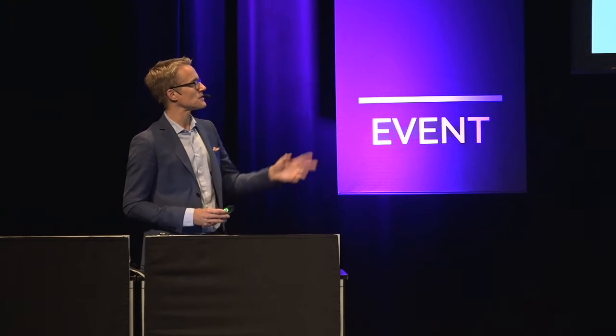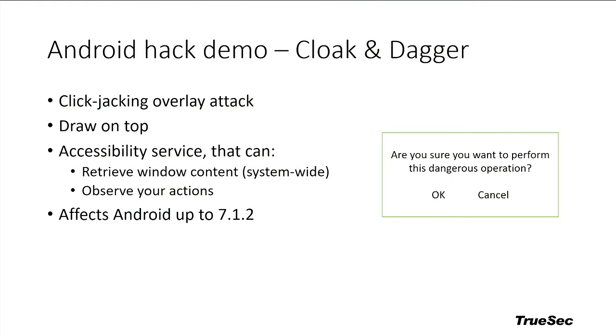And this affects Android up to 7.1.2. Just as an example, you see the UI box to the right: "Are you sure you want to perform this dangerous operation?" Well, there is no dialogue like that in Android, but that's just to serve as an example. You have an OK button and a cancel button. Most users would probably stop and maybe not directly push OK, because it says dangerous at least.